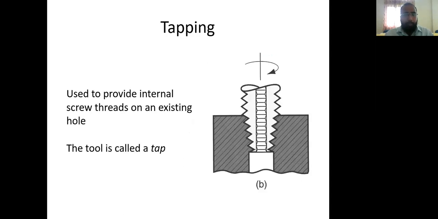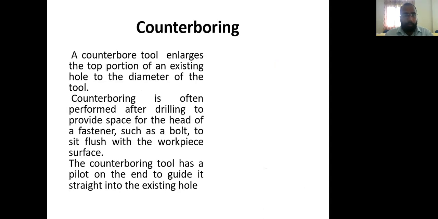Next one, tapping. Tapping is making internal threads. If we cut threads on an exterior surface, it is called a threading operation, which is done with the help of a lathe machine. But the same thing done internally is called tapping. Tapping is making threads inside the workpiece.